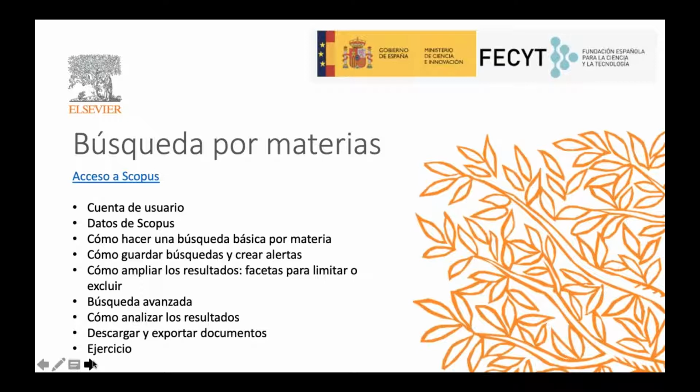How we perform a subject search, and then once we have the results, what we can do with them: save the strategy or set alerts, how we can limit our results, and we're going to see also a little bit of one of the parts of Scopus, which is the advanced search. We're going to see also how we can export documents and bibliographies.